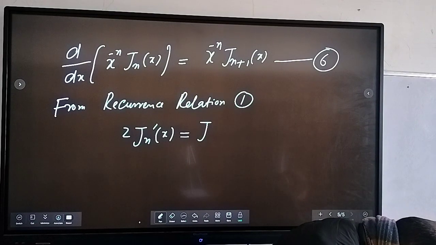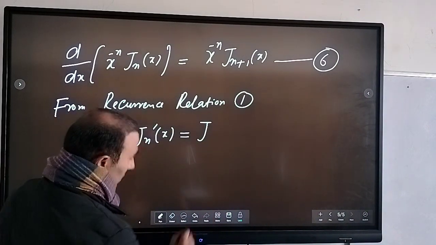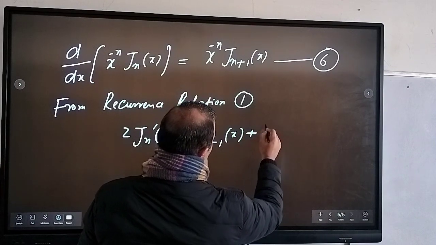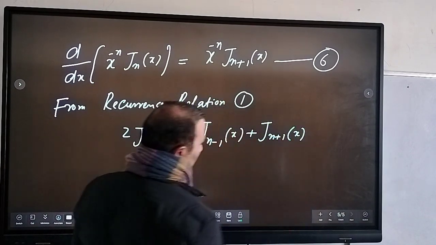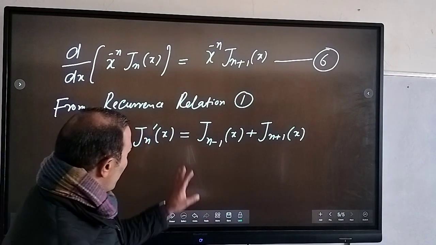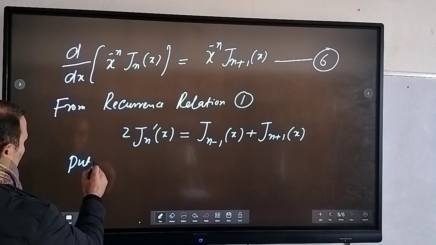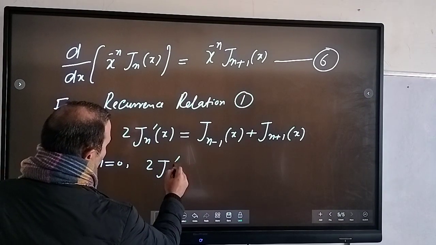The first relation is, that is x J_n dash of x, that's equal to x J_{n-1} of x plus, right? Okay. Now if you put n equal to 0 here, so put n equal to 0, so you can get that x J_0 dash of x.